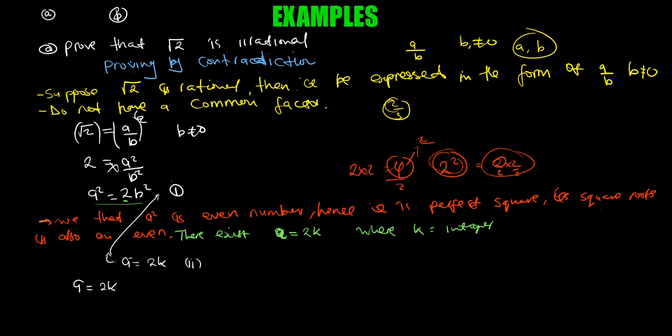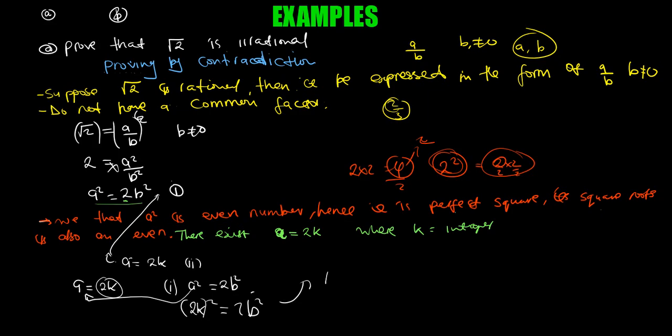So we substitute, and equation 1 had a squared is equal to 2b squared. So we substitute this a that we have there. Wherever there's a, we'll put that 2k. So say (2k) squared like that is equal to 2b squared like that. You get the point? So from there now we square. So this will give us what?